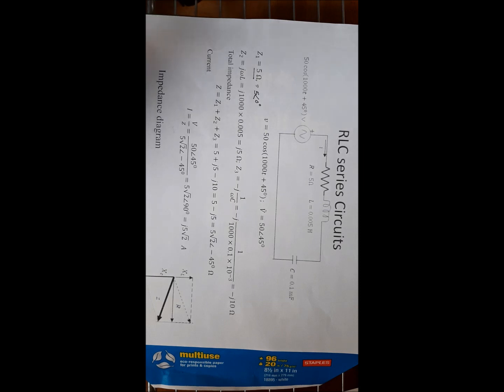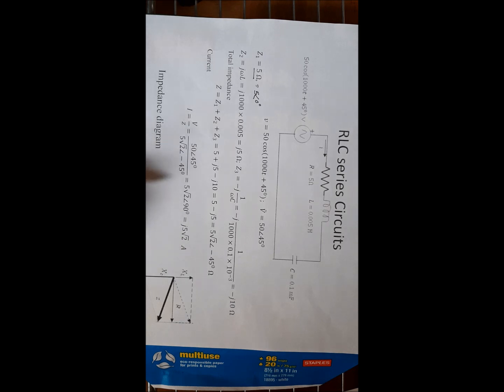So here we have V equal to 50 angle 45 and Z equal to 5√2 angle negative 45. If I divide them, I get 5√2 times angle 90, or j5√2 amperes.